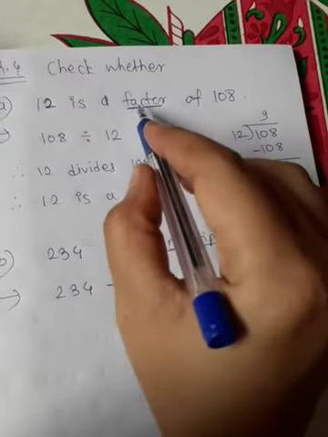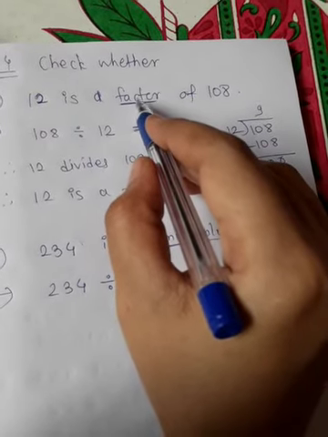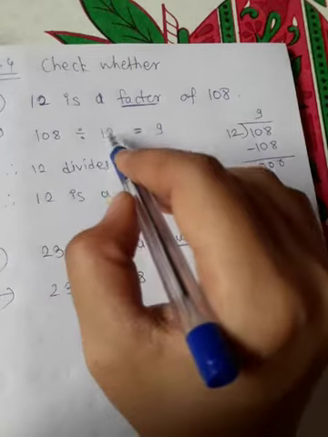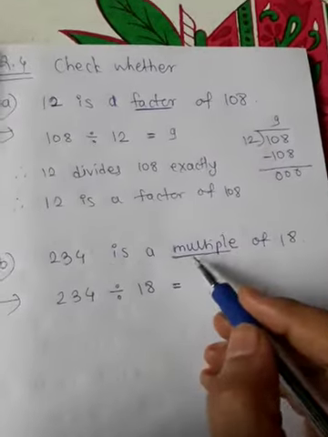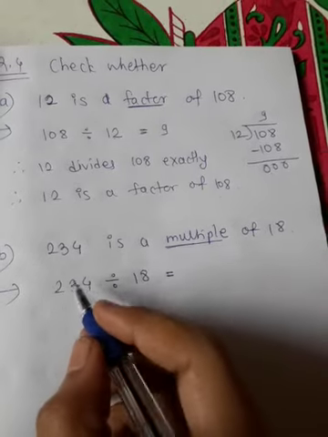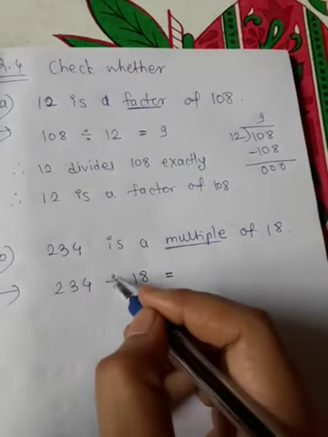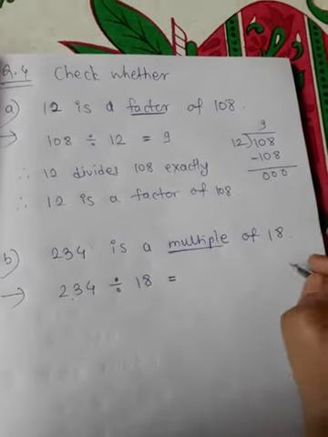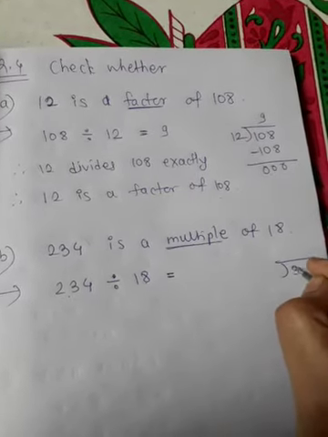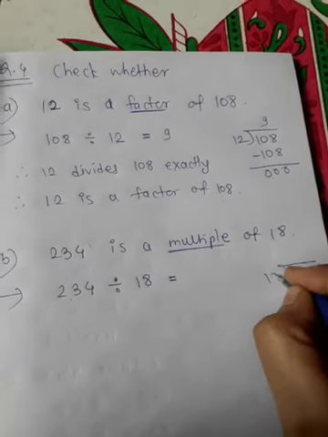Whenever we check about a factor, we just check whether the number divides the given number exactly. And whenever we check about a multiple, we just check whether this multiple is divisible by the other number or not. So now just divide 234 by 18.